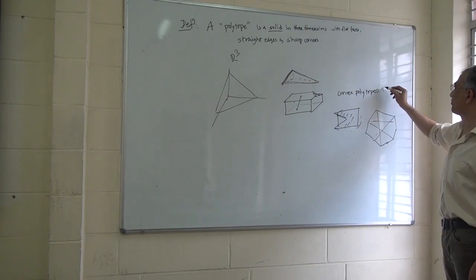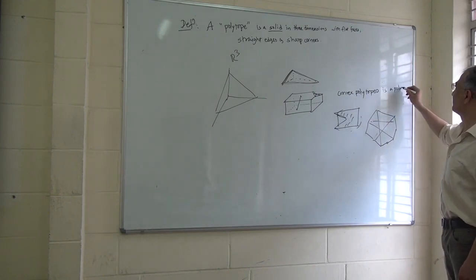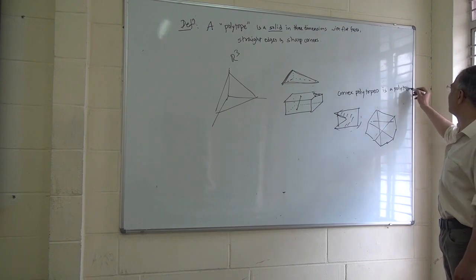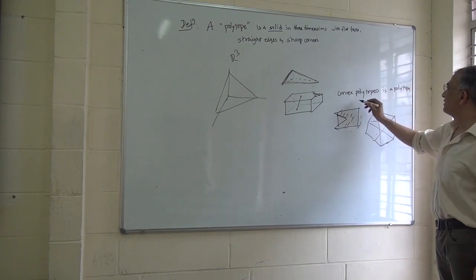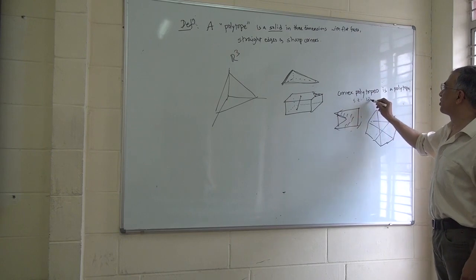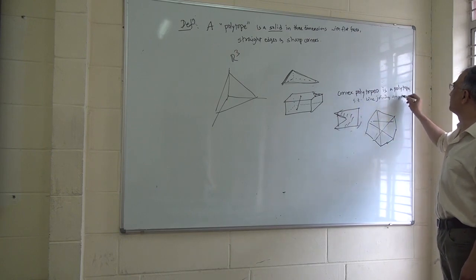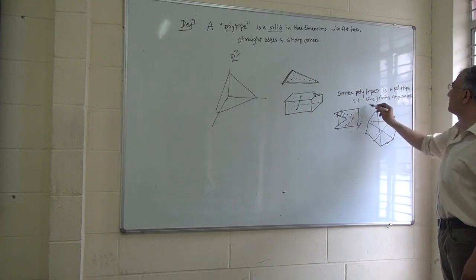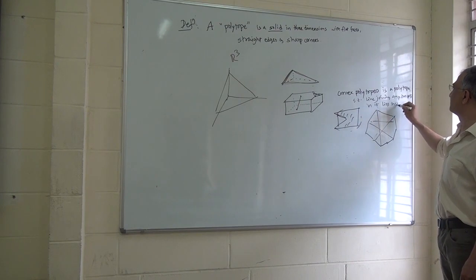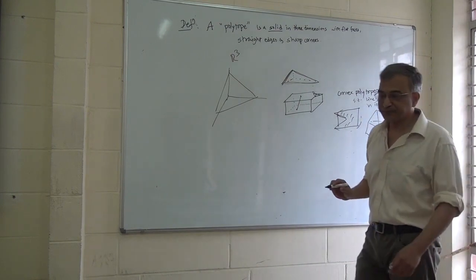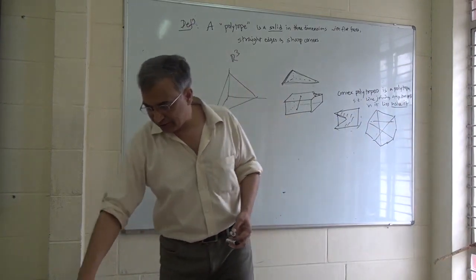A convex polytope is a polytope, with flat faces, straight edges and sharp corners, such that the line joining any 2 points in it lies inside it. So this is called a convex polytope.